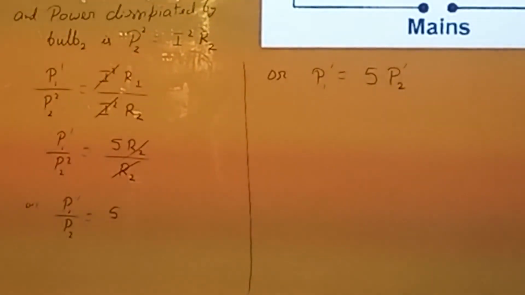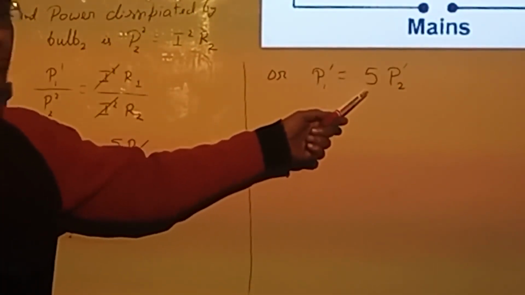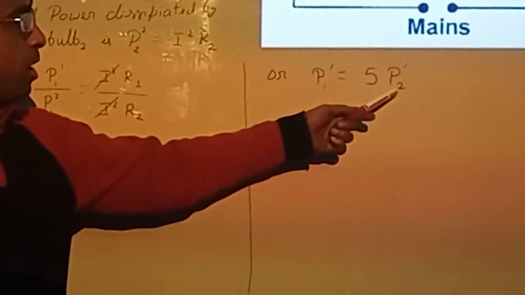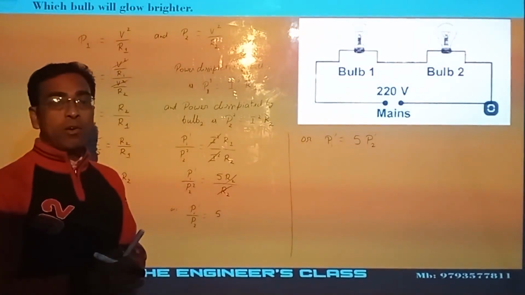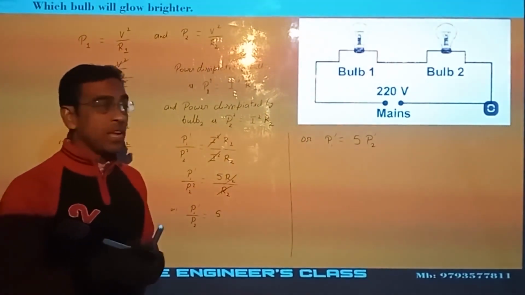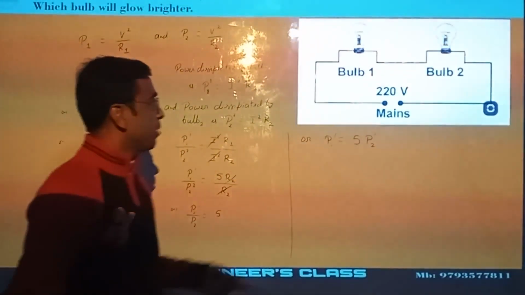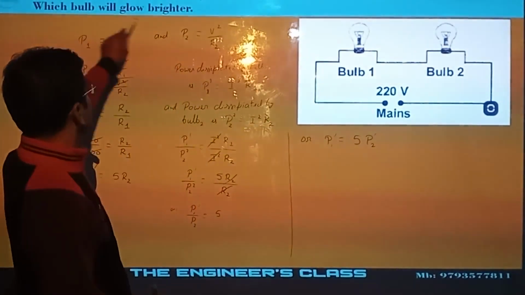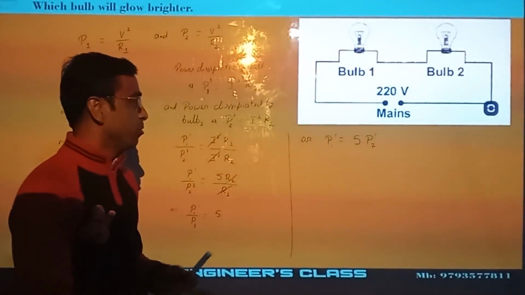Now I am seeing here that the power dissipated by bulb 1 is 5 times the power dissipated by bulb 2. So the power consumed by bulb 1 is more, and the brightness of bulb 1 is more than bulb 2.